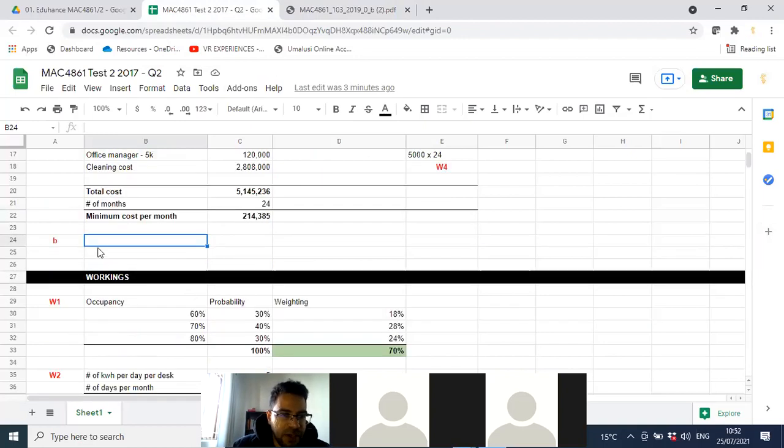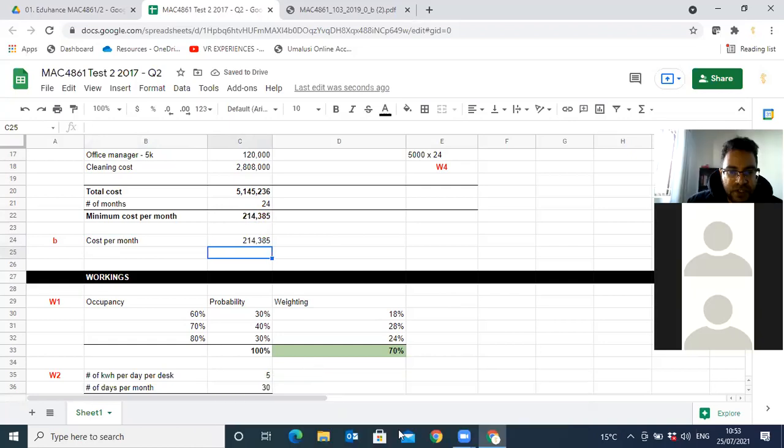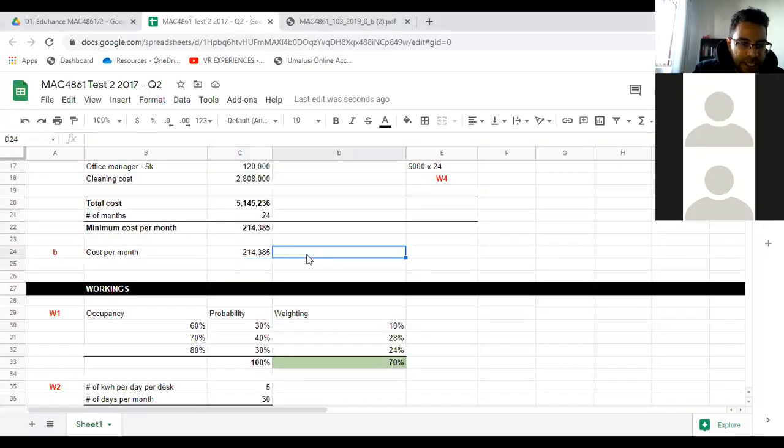So we have cost per month. Cost per month is equal to 2184. Even if this one is wrong, you must take it from here. So here we're going to say, even if that is wrong, you take it from there.